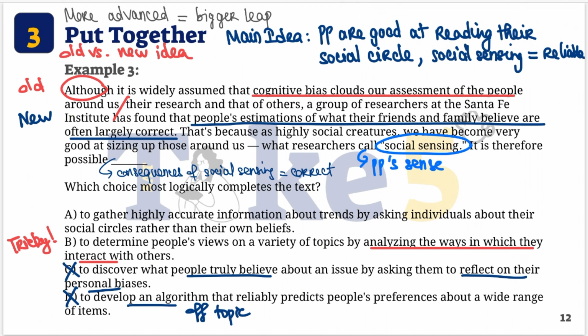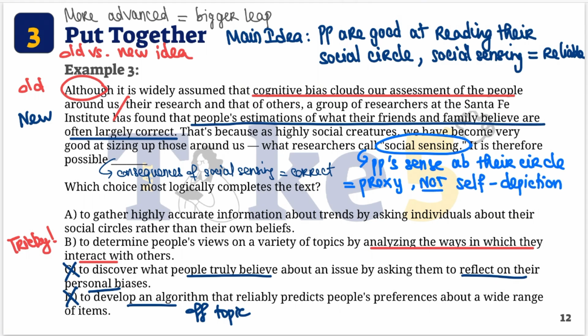It's about using what these people sense about their circle as a proxy instead of self-depiction, or in simpler words, using people's read of their circle instead of asking people directly about themselves is more reliable. So even though it somewhat aligns with the main idea, it didn't have the correct flip from the evidence.